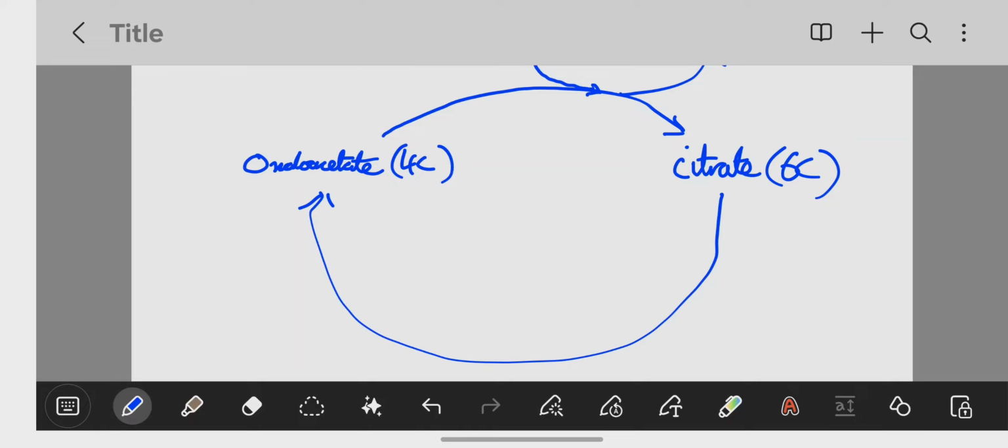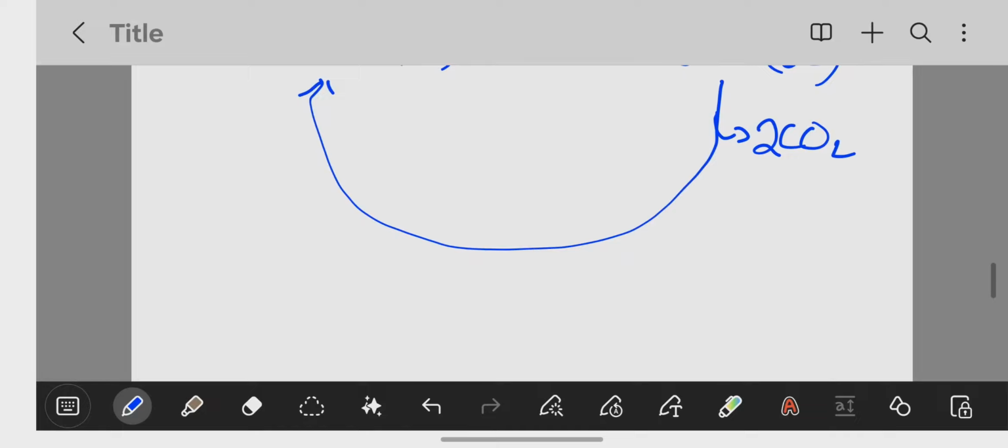Basically, for this cycle to occur, you can see that we've gone from a 6-carbon compound to a 4-carbon compound. So we're going to release 2 molecules of CO2, which again contributes to the overall equation because CO2 is a waste product here. We're also going to use more NAD+, excuse me, apologies, I made a mistake.